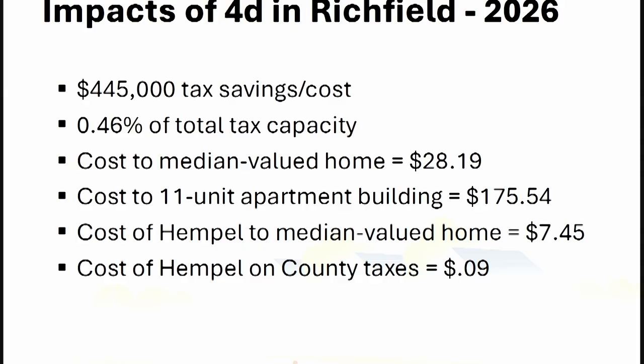The cost to the median valued home of all those 4D properties is about $28 a year. The cost to an 11-unit apartment building is about $175 a year. And the cost of the Hempel 3 properties is $7.45 a year, which is about $1 less than our estimates from last year. So those 2 TIF districts being decertified did have that impact.